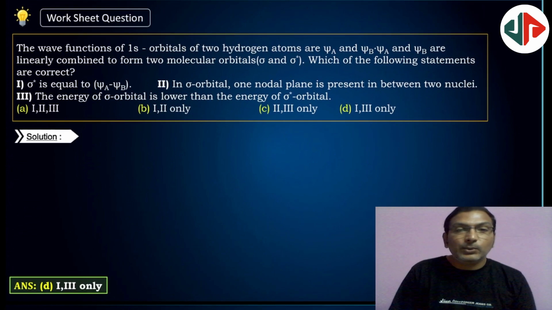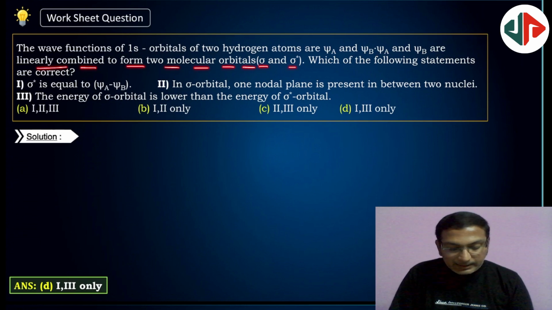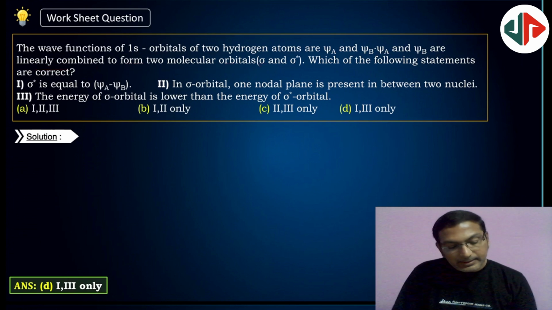This is based on quantum mechanical model. So wave functions of 1s orbitals of two hydrogen atoms psi A and psi B. So psi A and psi B are linearly combined to form two molecular orbitals sigma and sigma star. Which of the following statements are correct?